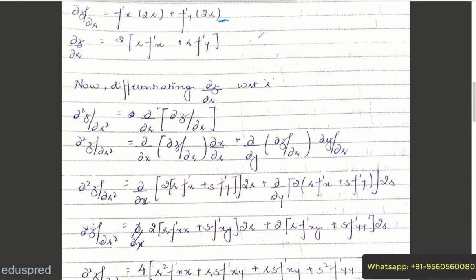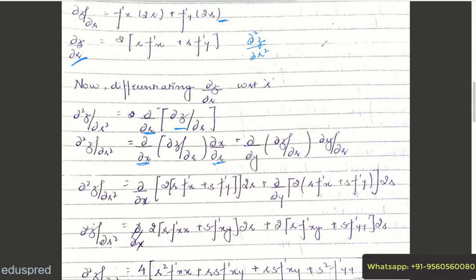Now we have to find the double derivative of z with respect to r. For that we have to differentiate this again with respect to r. Again here we will be applying the same chain rule as we did before. That is, we will first differentiate with respect to x and then differentiate x with respect to r.